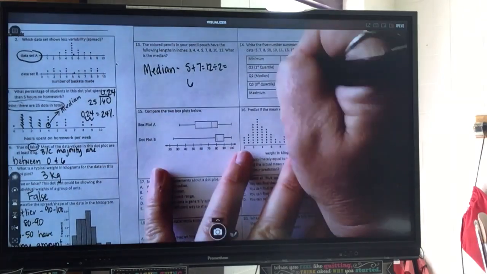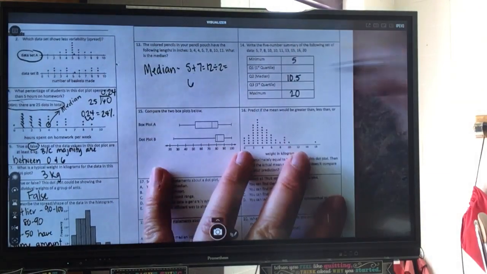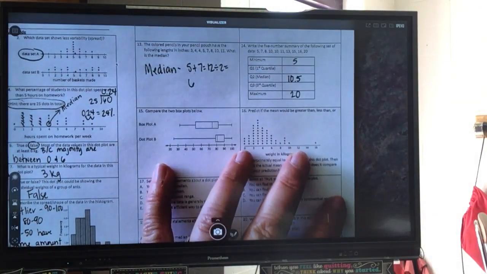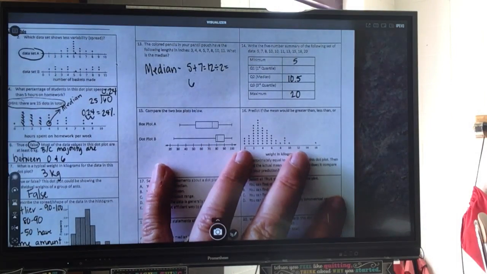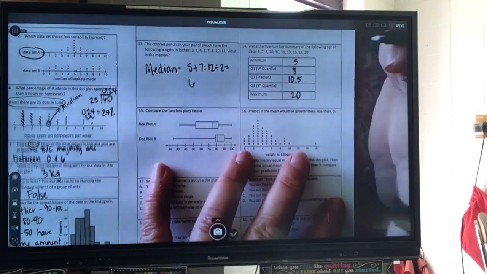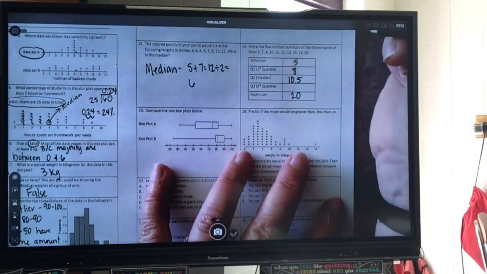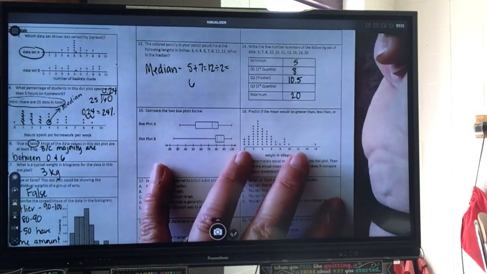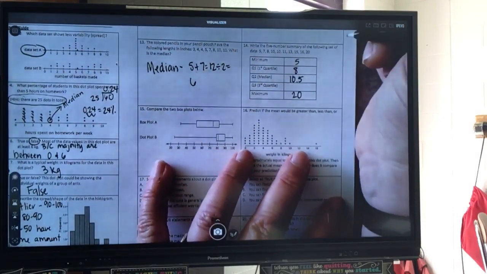Yep. What is our Q1? Mikael? 8. What is our Q3? Yasmin? 15, yes.